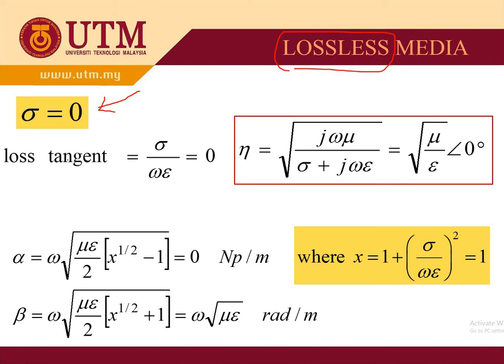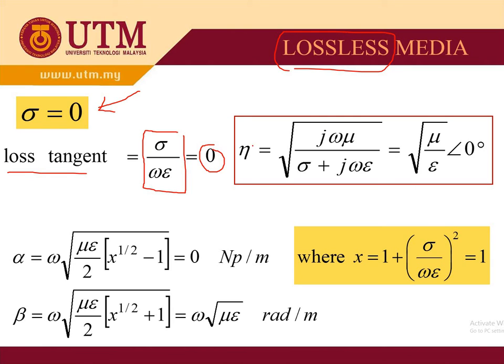So the loss tangent for the lossless media is zero. We also know that the equation for the loss tangent is sigma over omega epsilon, so this equals zero for the lossless media case.